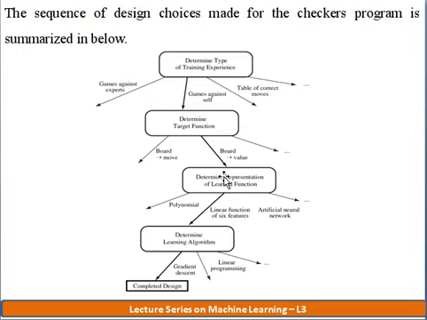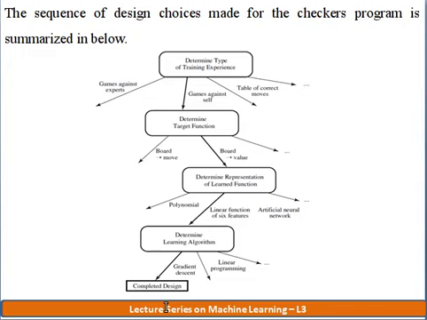We have used a linear function, a linear combination of vectors with 6 features, or we can also use artificial neural networks. Then the fourth step is to determine the learning algorithm. We can use linear programming or gradient descent, and at the last we have the final design. So these design choices that we have made constrain the learning task in a number of ways.